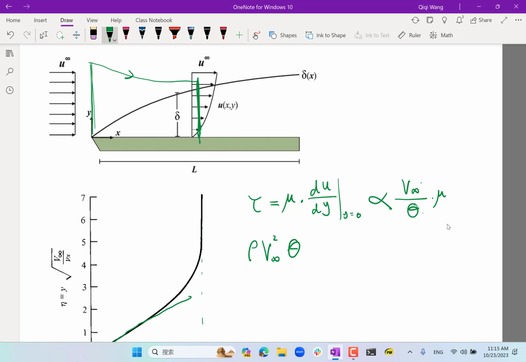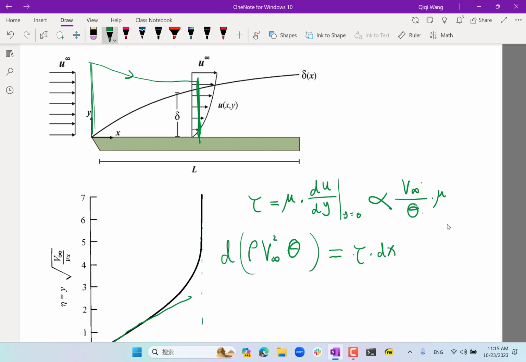Okay. So what that means is that if we take a derivative of this momentum loss, it is going to be exactly equal to the skin friction, right? So if I write it more carefully, the change in the momentum defect is equal to tau times dx, right?